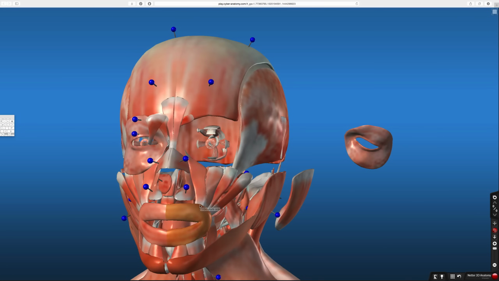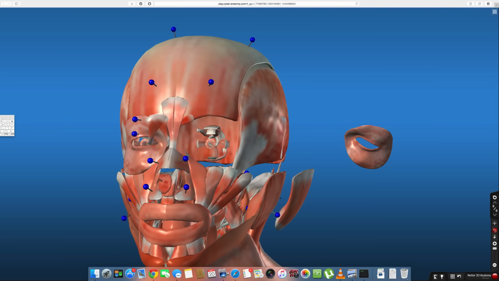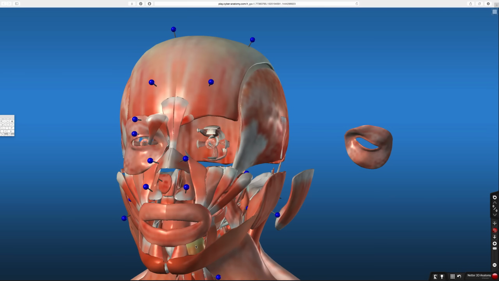And so let's see what else. So we talked about the orbicularis oris. We looked at the left levator labii superioris. And if we talked about that, let's go to the depressor labii inferioris. Let's go over there. And right over here, this is your left depressor labii inferioris.